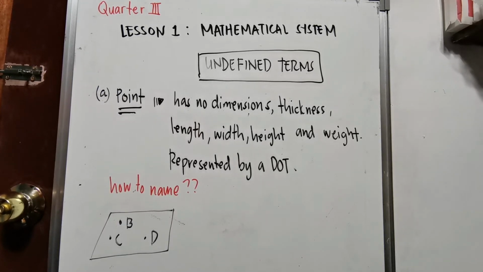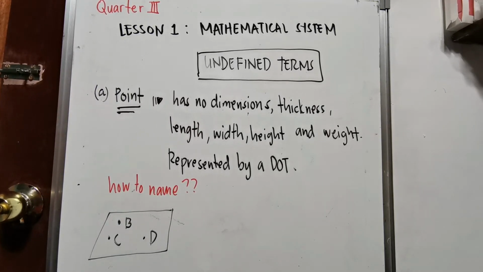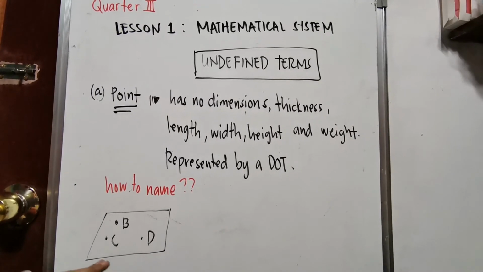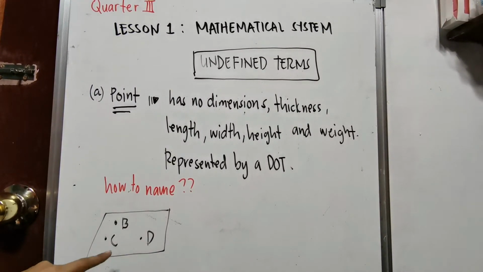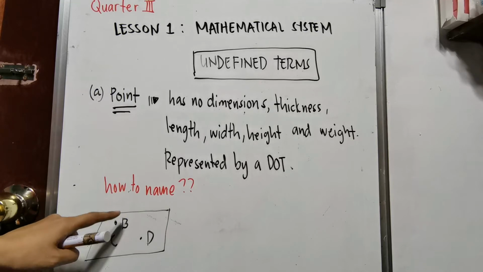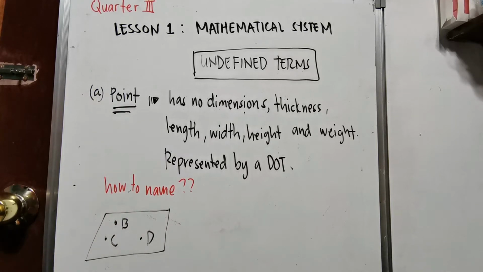How to name a point? Let's say for example, I have here a figure with different points inside. So, papangalanan natin one by one yung mga points na yan.